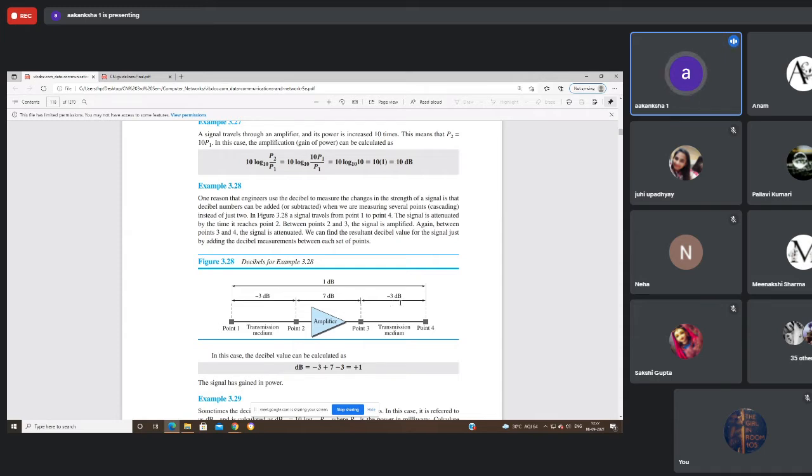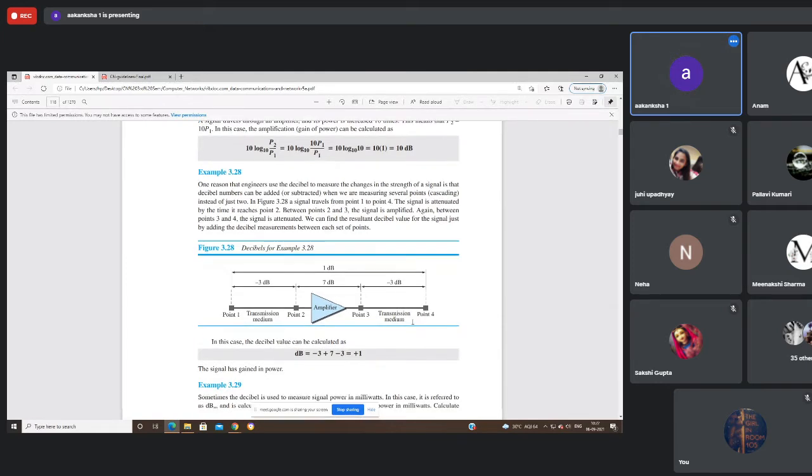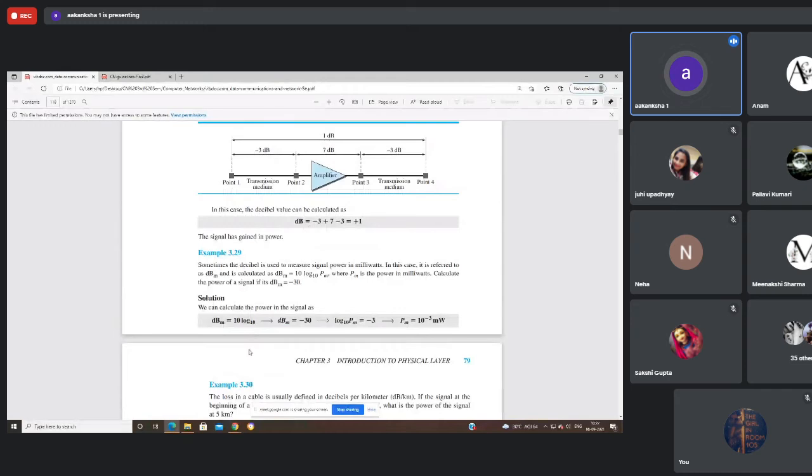Minus means it is a loss, so it has been attenuated by 3 decibels. So you can directly add and subtract the decibels: minus 3 plus 7 minus 3 equals plus 1. So there is a total gain of 1 decibel in the signal strength from point 1 to point 4. This is quite easy.